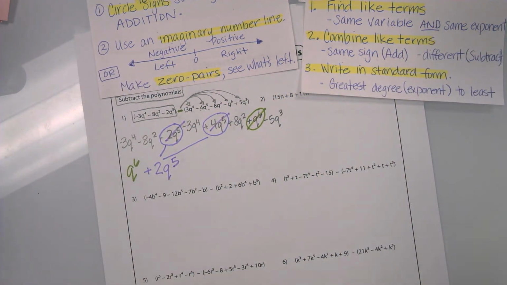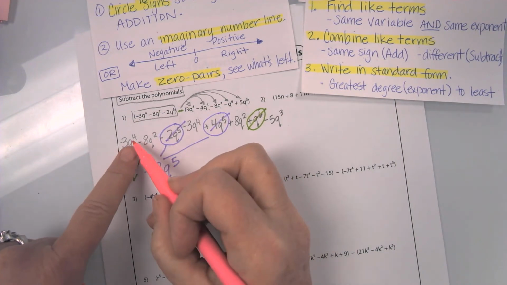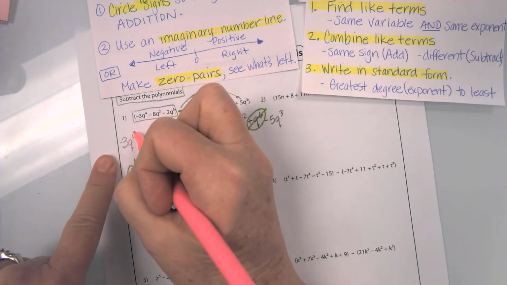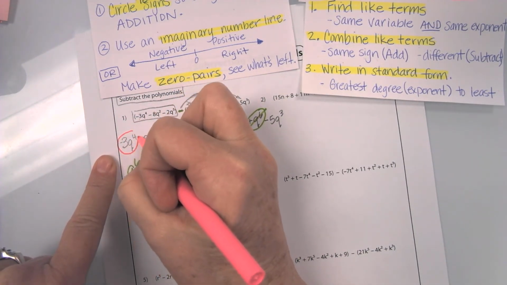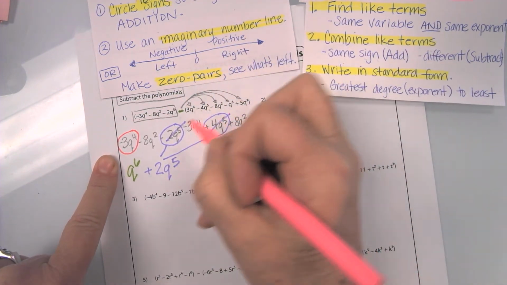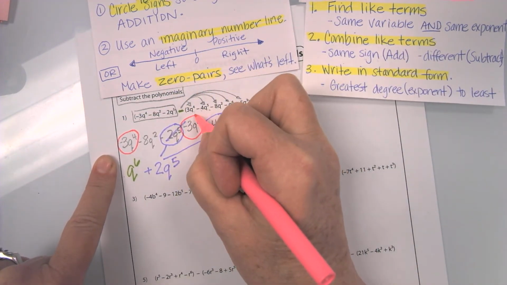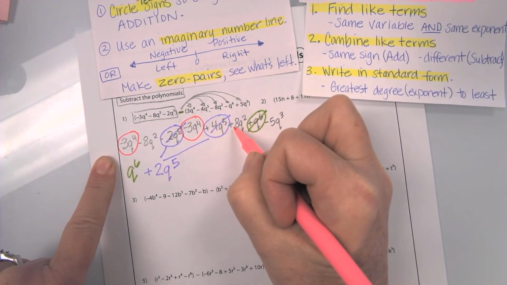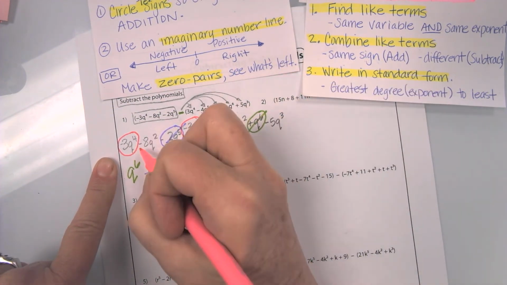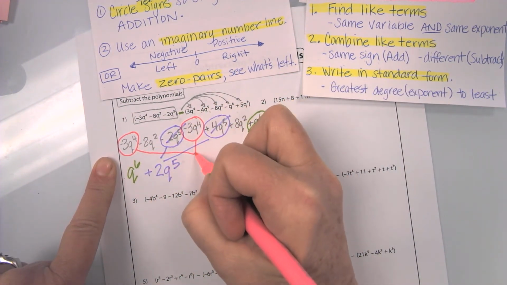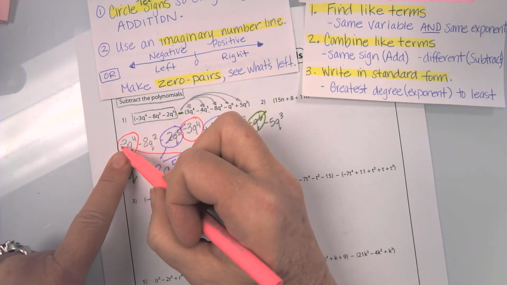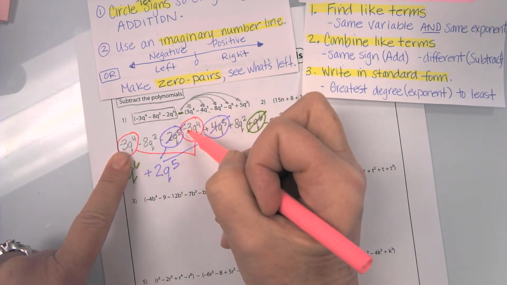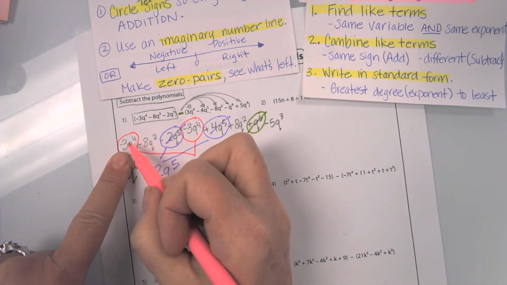Now I went 6, 5, now I'm going to look for my 4s. Exponent of 4, I've got a negative 3q to the 4th and a negative 3q to the 4th. Do I have any others? Nope. So I'm going to bring those two together. Now, since this is a negative and this one's a negative, they are the same. So I'm going to add them.